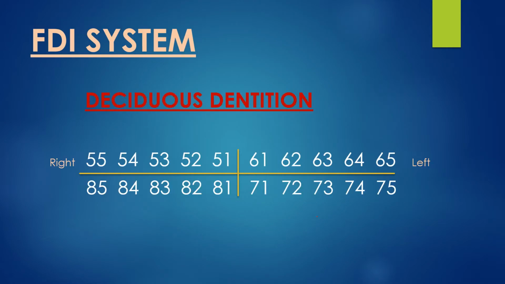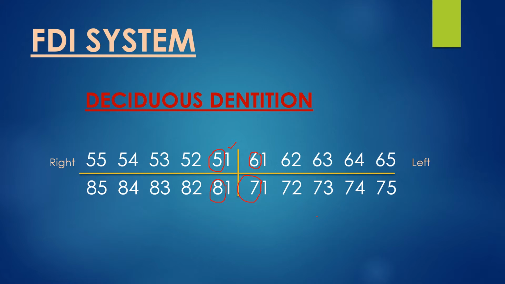Coming to the FDI system, number 5 indicates the maxillary right quadrant. Number 6 denotes the maxillary left quadrant. Number 8 denotes the mandibular right quadrant, and number 7 denotes the mandibular left quadrant. And the second number with these quadrant numbers is the tooth number.